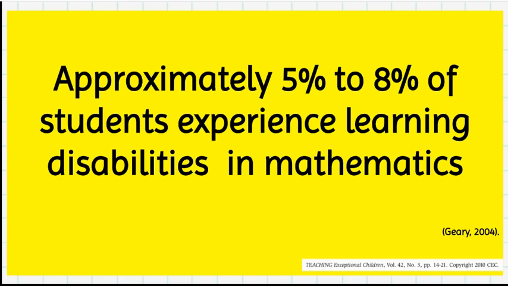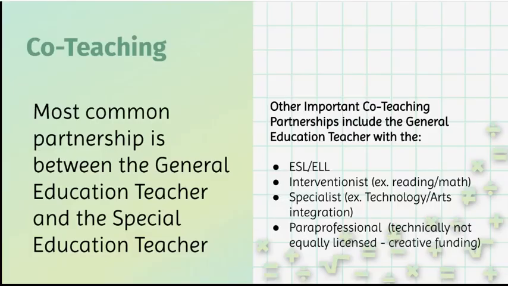Why? Well, approximately 5 to 8% of students experience learning disabilities in mathematics. And that's a high number when we think of the number of students that pass through our math classroom. We know that we have struggling students, but then we also have another degree of struggle, which is students with learning disabilities. Like I said earlier, with co-teaching, the most common partnership is between our gen ed and our special education teachers.